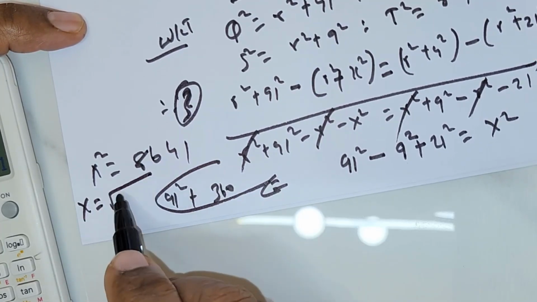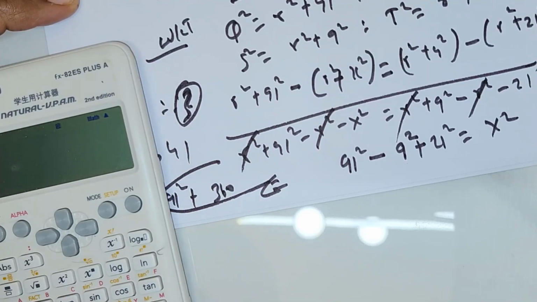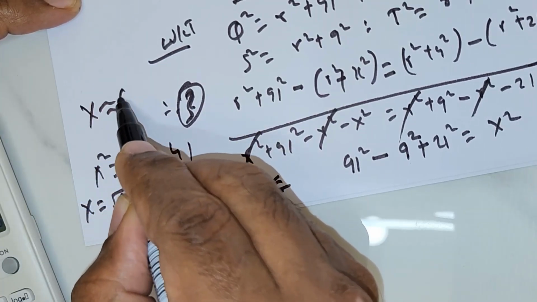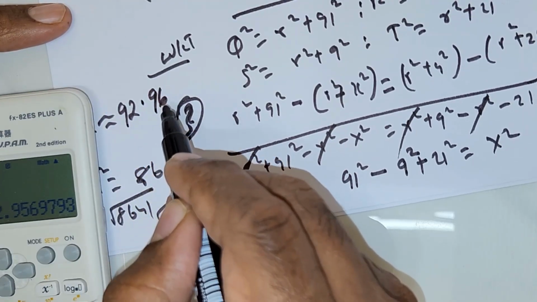Therefore x is equal to the root of 8641. So what is that? Root of 8641. The x value is approximately 92.96.